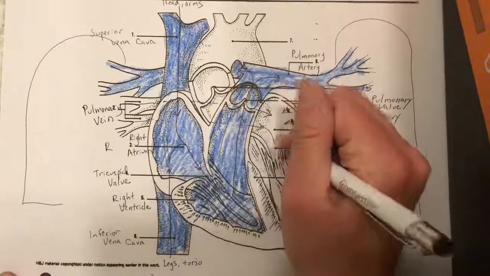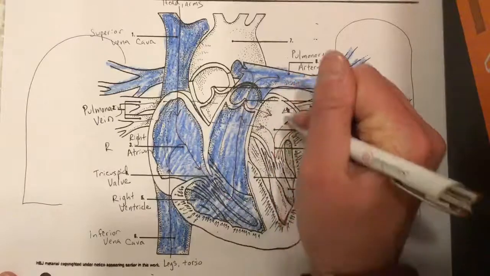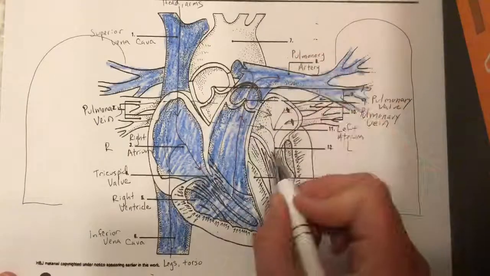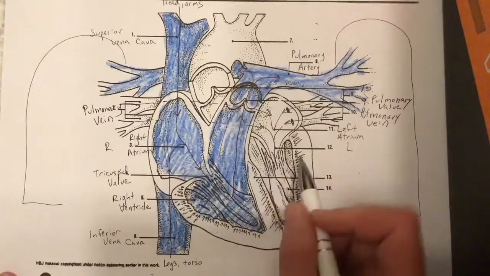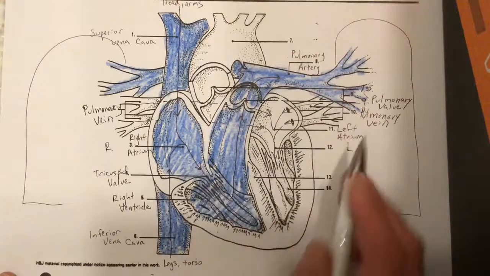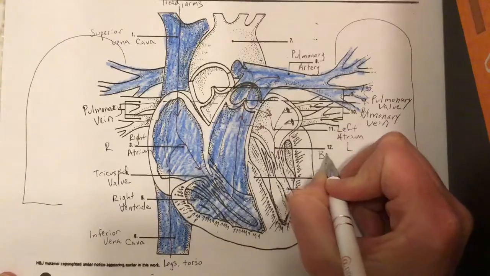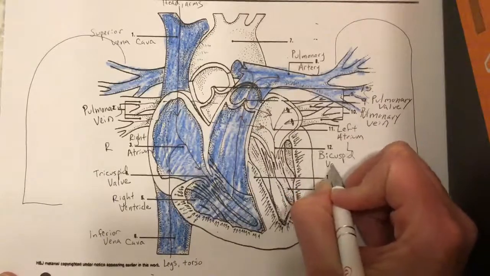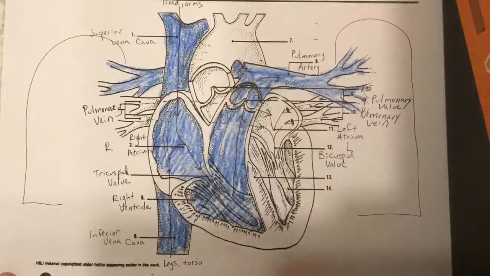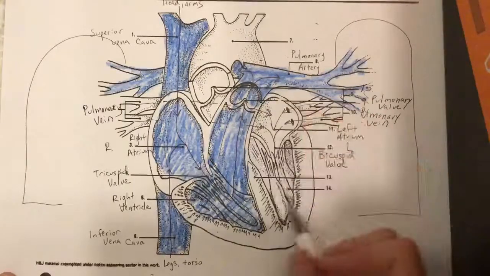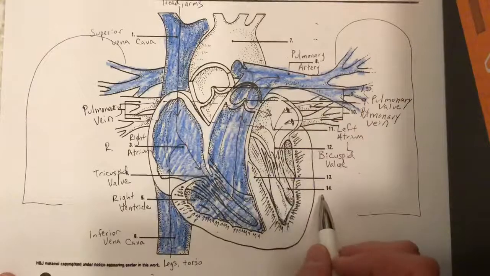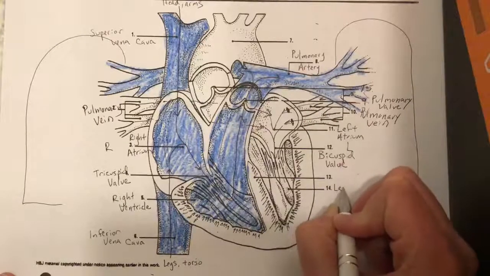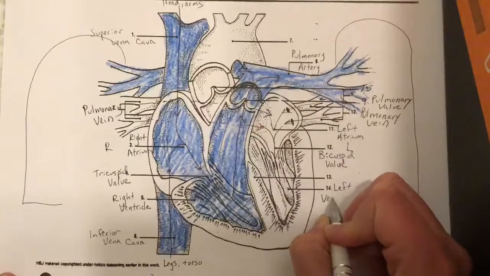The blood is then going to take a downward turn through another valve. You have to ride a tricycle before you can ride a bicycle, so bicuspid valve. And then the blood is going to be in the lower left chamber, number 14. So that is the left ventricle.